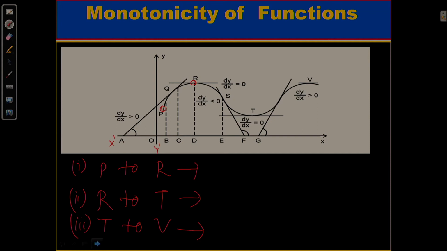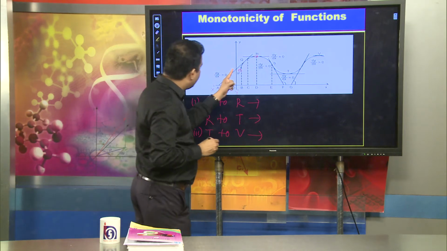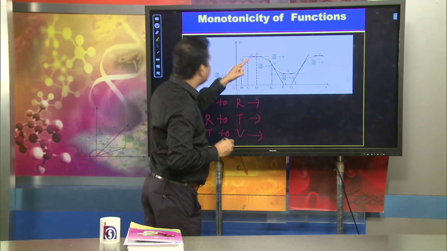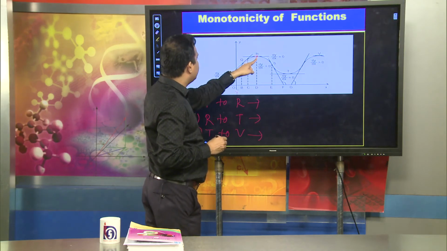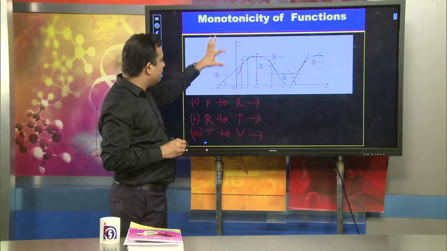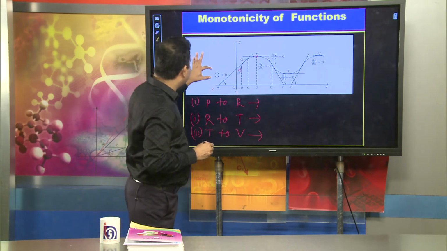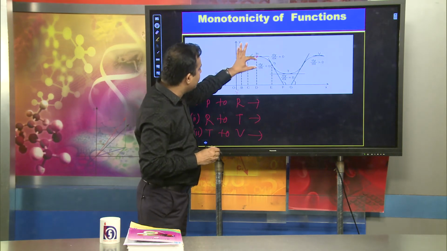You see, from P to R the function is increasing, and at the point R it is the maximum. That means at that point dy by dx is equal to 0.